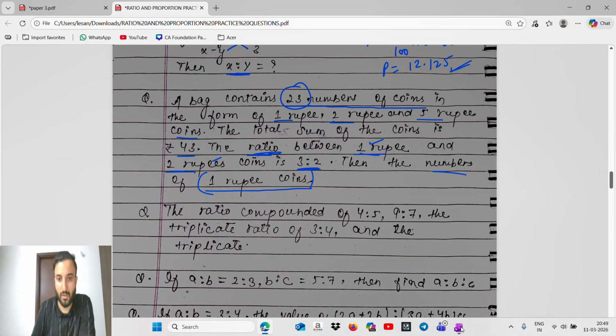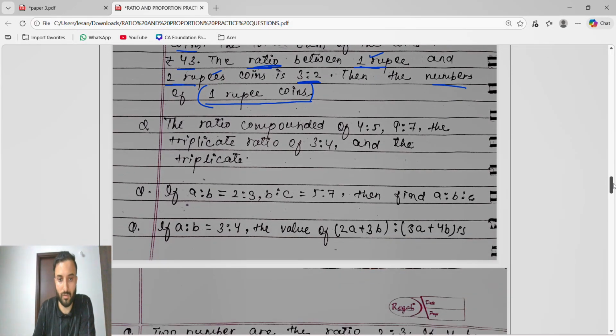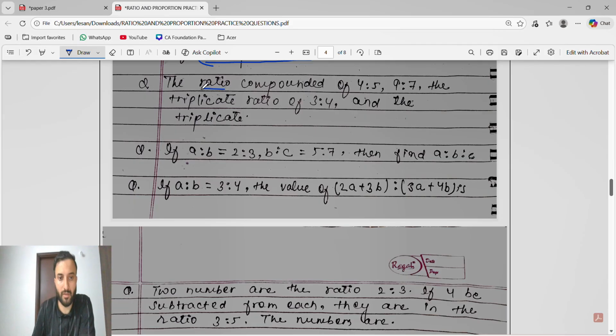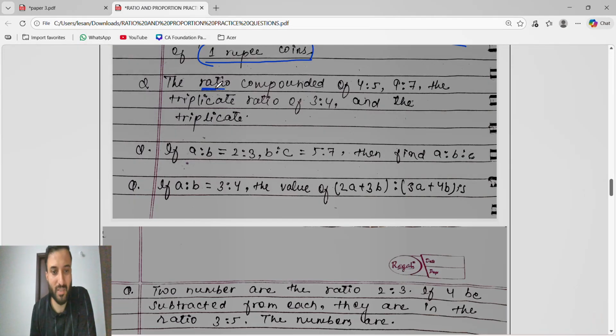Okay, so this is a concept you have to use. The compounded ratio, guys, compounded ratio means ratio formula.